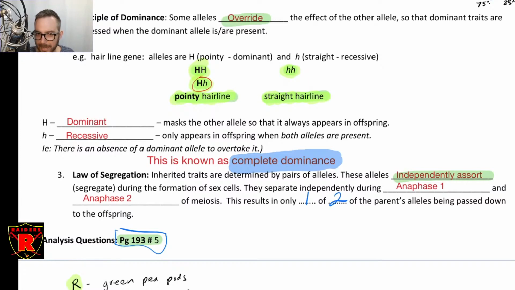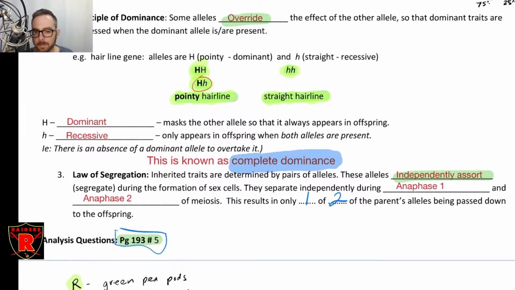So in actual real life, not everything is complete dominance. That's an oversimplification of inheritance. However, lots of traits are completely dominant, and we're going to talk about some complete dominant ones. We are also going to talk about some instances where it's not a complete dominance relationship.